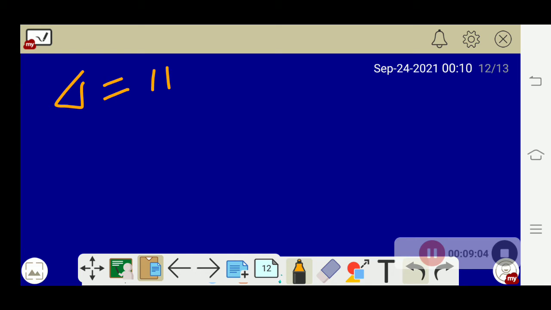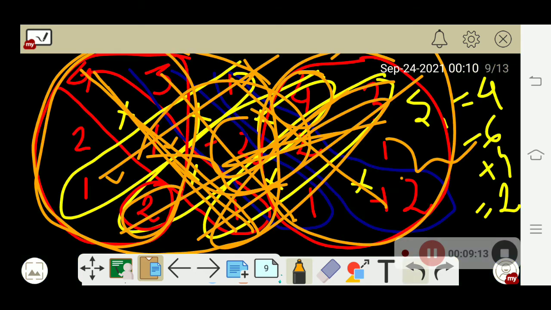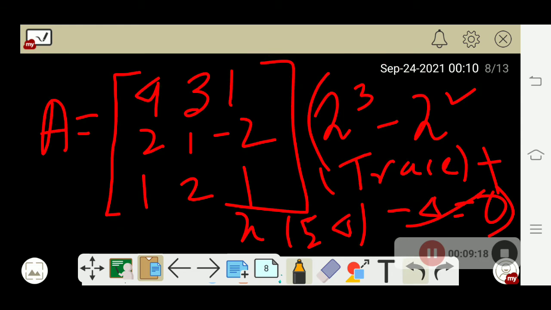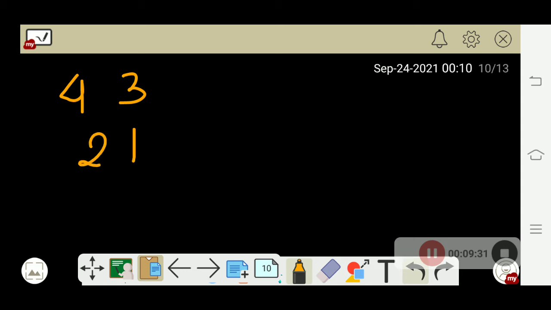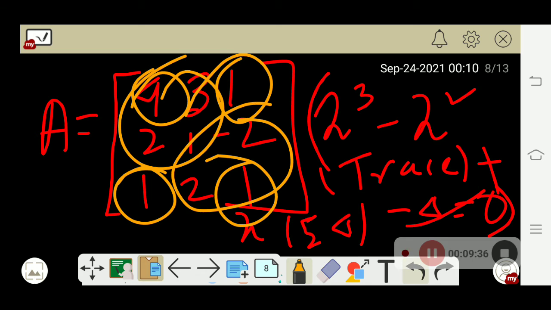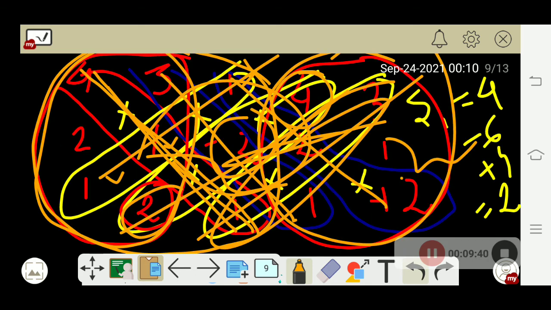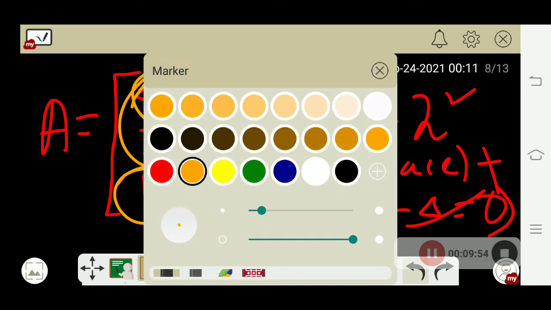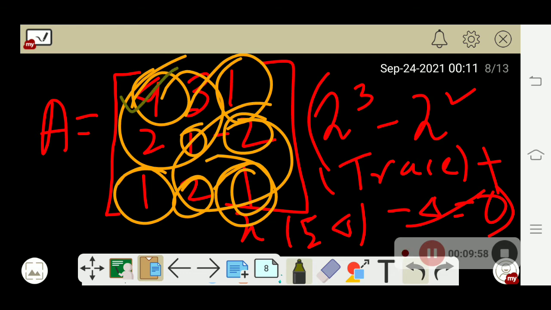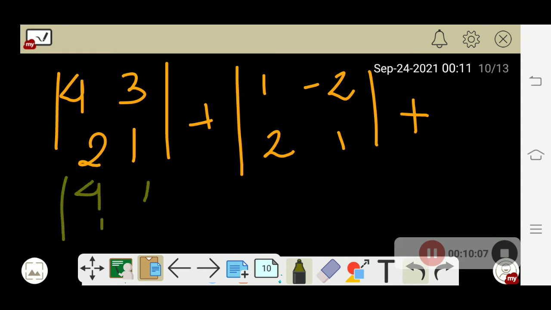Now let's find the sum of all the possible minor determinants for lambda. The first one is 4 3 2 1, plus 1 minus 2 2 1, plus the last one, 4 1 1 1.